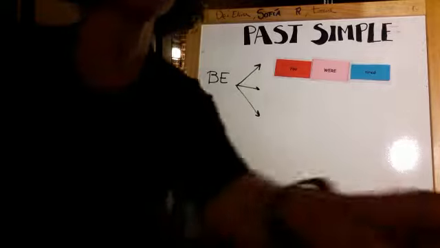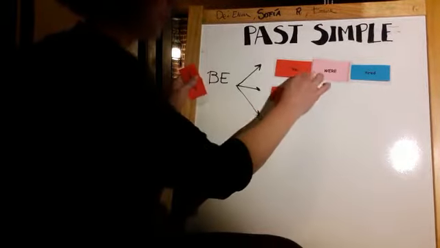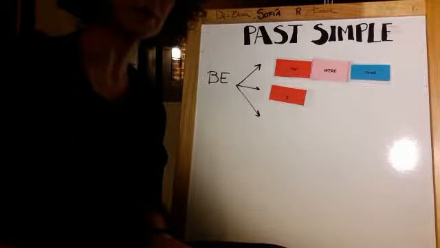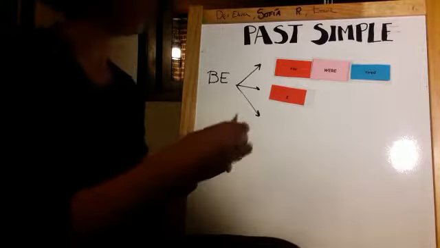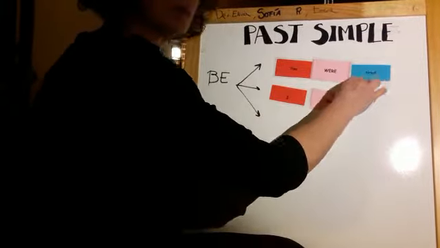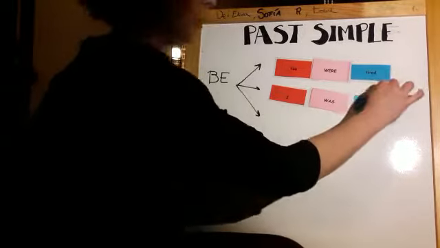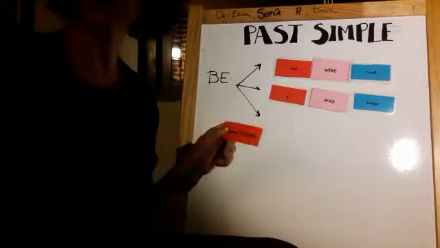Let's continue. Now we are using I. I am in the present, so that must be I was in the past. I was happy. Okay? Now, some children.